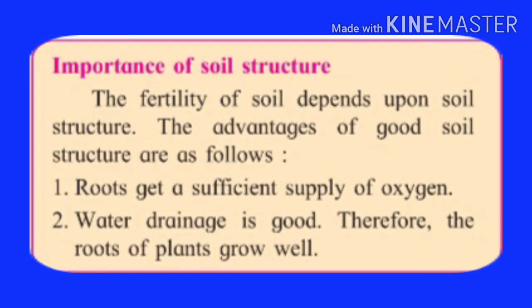The fertility of soil depends upon soil structure. The advantages of good soil structure are as follows. First one, roots get sufficient supply of oxygen. Second one, water drainage is good. Therefore, the roots of plants grow well.